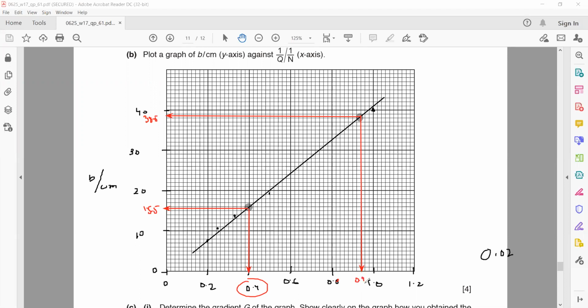So that will be 0.94. So we have these values. The formula to get the gradient is y2 minus y1 over x2 minus x1. And you have to show this on your graph. This carries marks, like drawing the lines and marking the points. So this one is y2, y1, x1, x2.